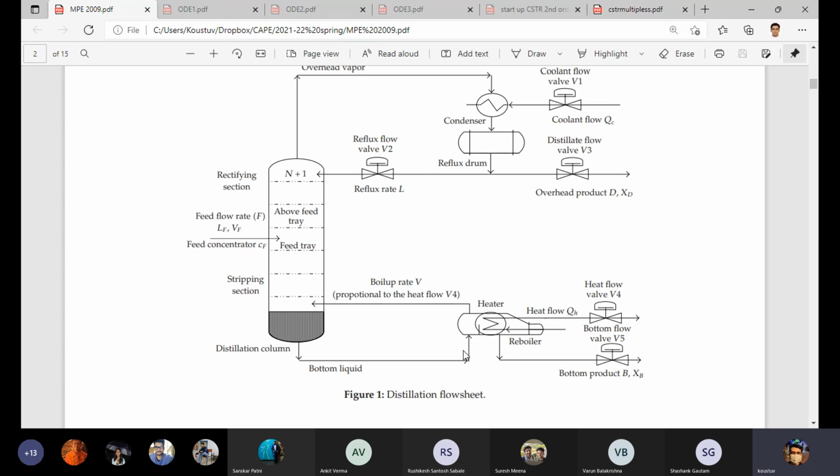The major important feature is where the source of the nonlinear term is in a distillation column.